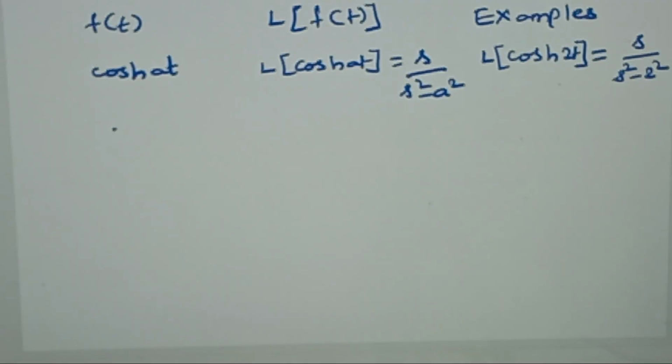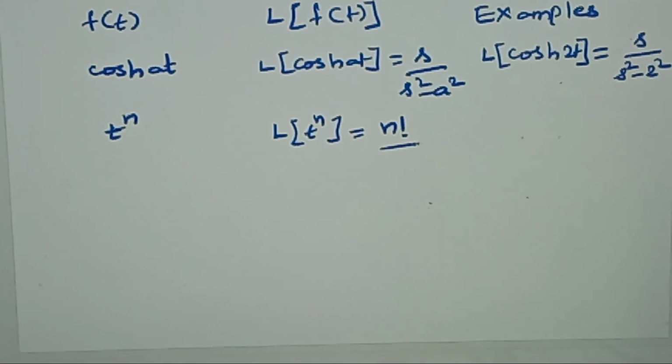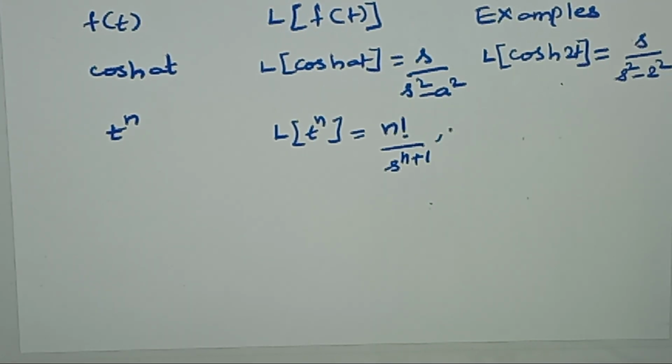Then, one of the important formulas here is when t to the power n is the function of t. So the Laplace transform of t raised to n, what is the value? It is n factorial upon s raised to n plus 1. Here n is always a positive integer. Okay.